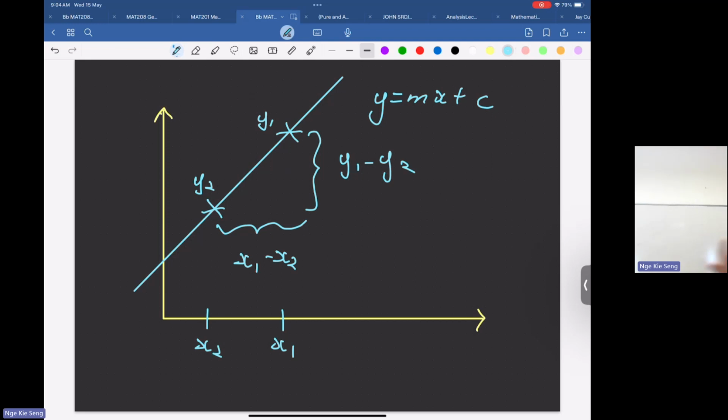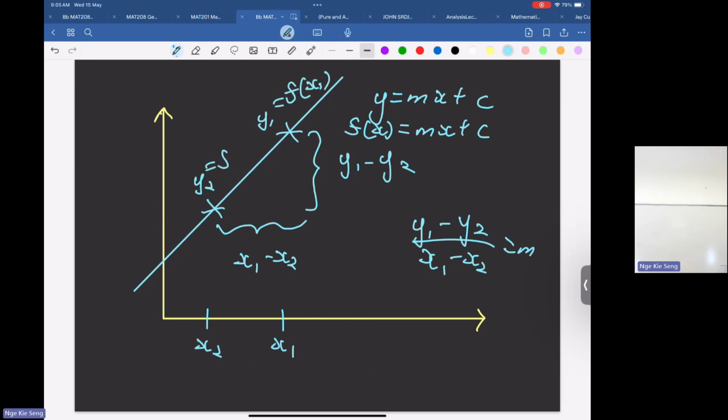No matter where you pick these points, you always get the same m. To be precise, we make y into a function of x, so you see f of x1 minus f of x2 over x1 minus x2.